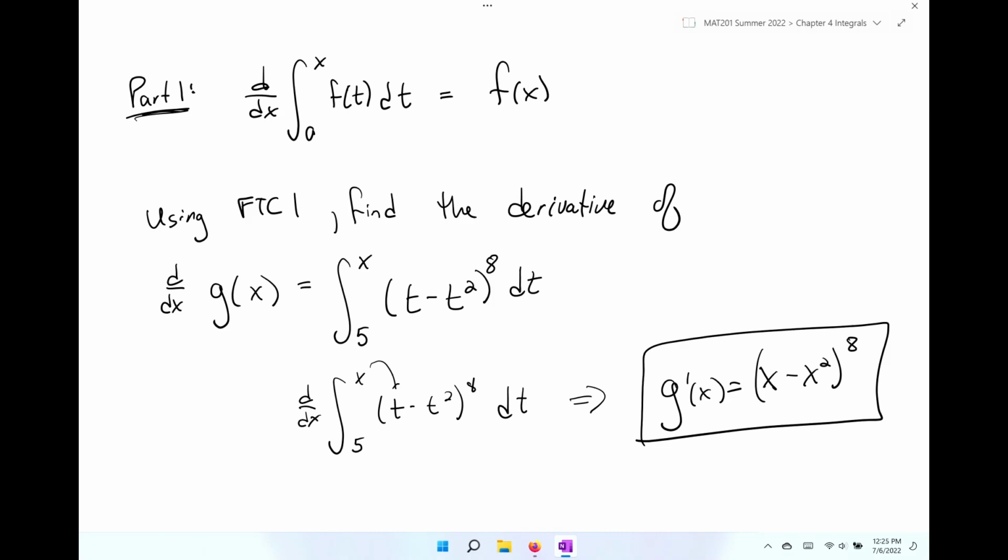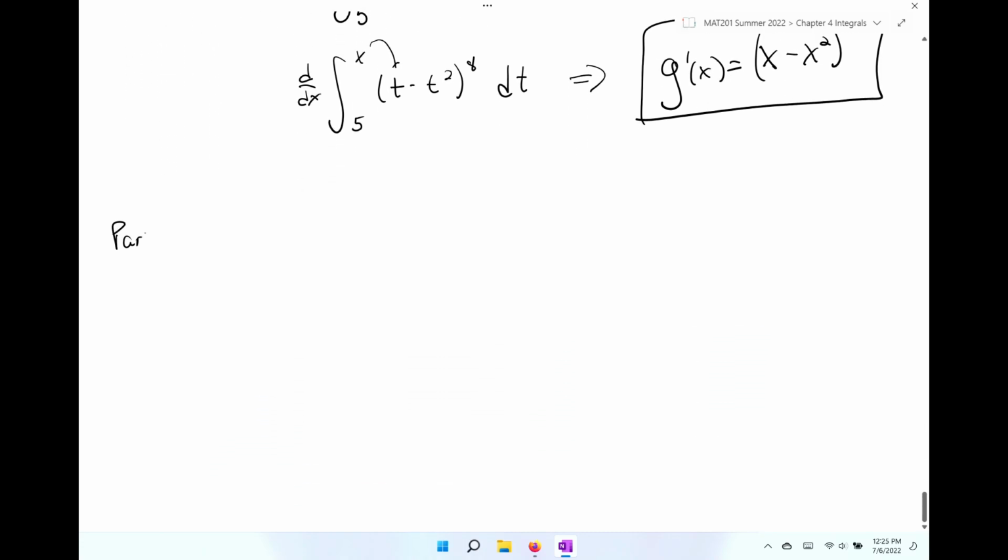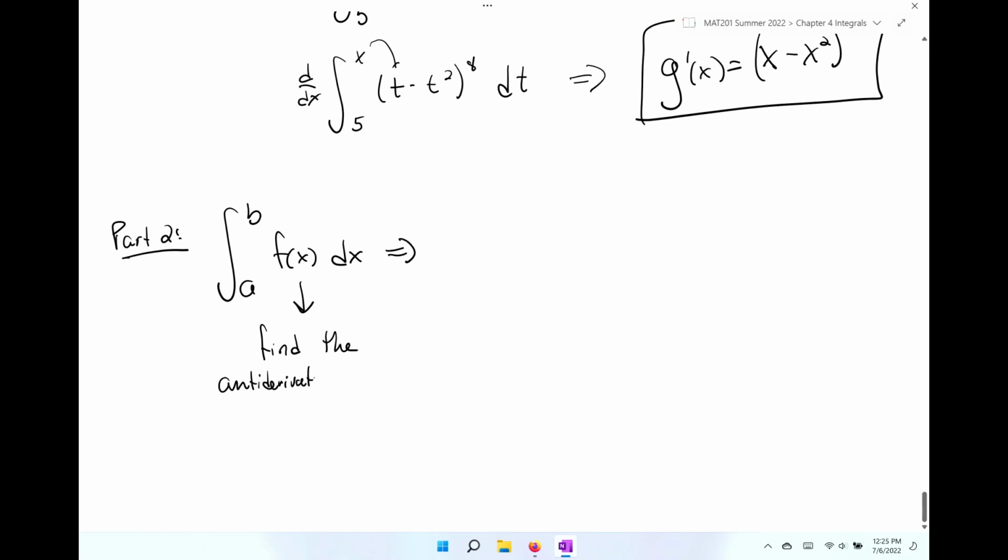Now, if we go back to the second part, what Part 2 is saying is that if you have the integral from a to b of some function f(x) dx, you're going to find the antiderivative. That's a new word. We haven't gone over that yet, but I will.